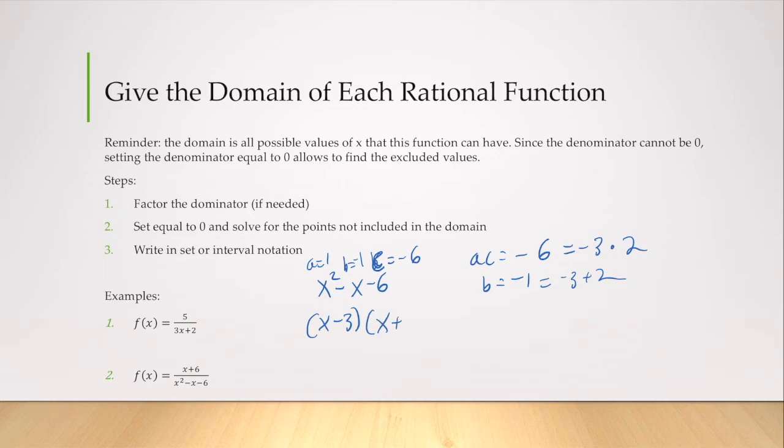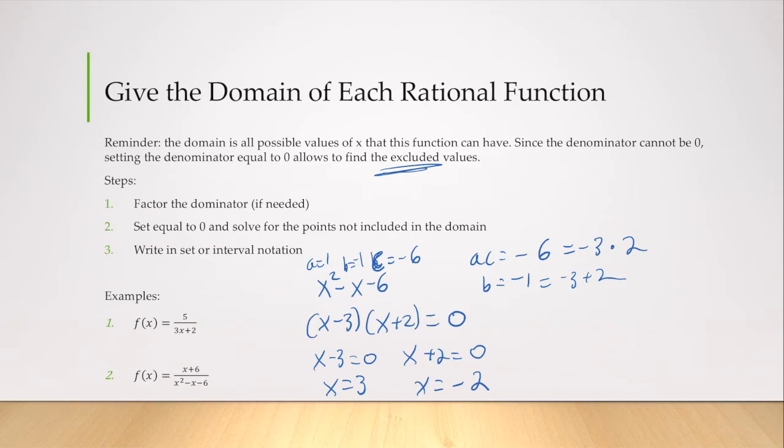And we go ahead and set this equal to 0. Now we use the zero factor property to take each of those factors and set it equal to 0. So I get x is 3 and x is negative 2. Note, this is not my solution. This is the values excluded from our domain.